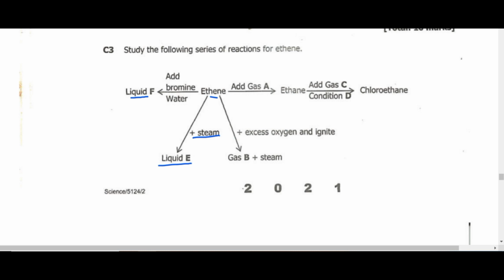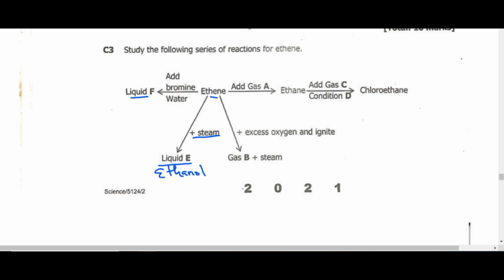Now when we identify liquid E: ethene plus steam, what are we going to have? We're going to have an alcohol. So alcohol will be produced here. Because the alcohol will be produced with ethene, which is nearest in the series? We have ethanol.